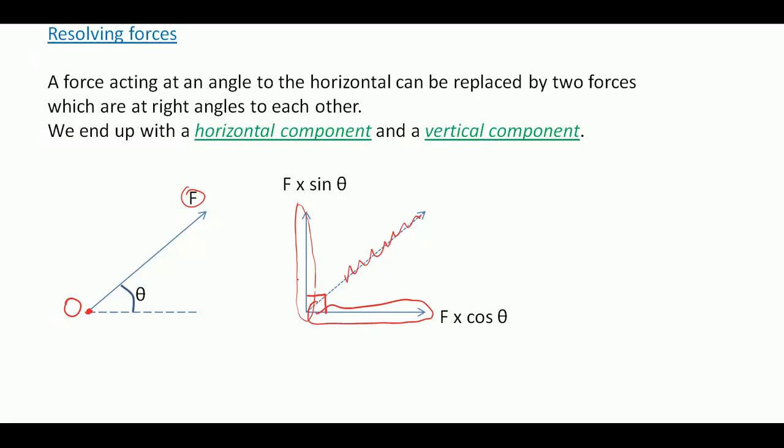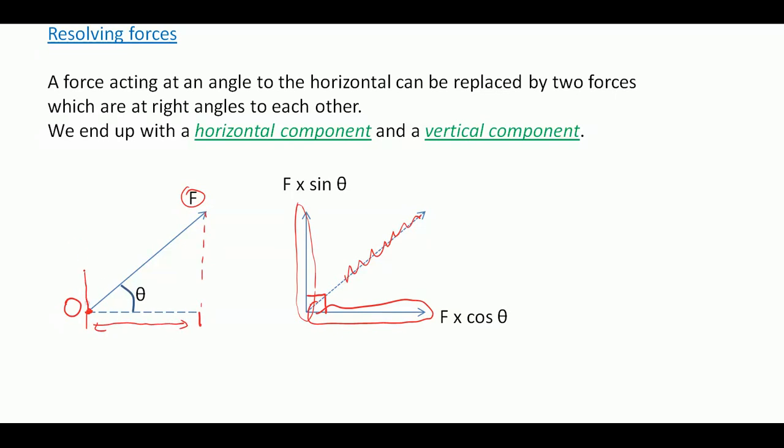In an examination, you might be expected to find the horizontal component. All you have to do is drop a vertical line here and just measure this length, and this will give us the horizontal component.